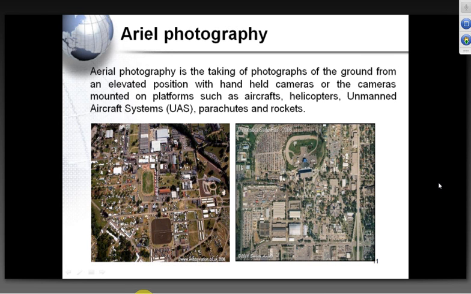So aerial photography is basically taking a photograph of the ground from an elevated position. Platforms, as I told, can be aircraft, helicopters, airplanes, parachutes, etc.